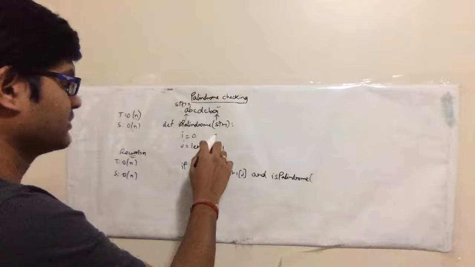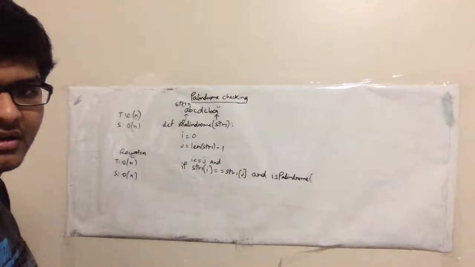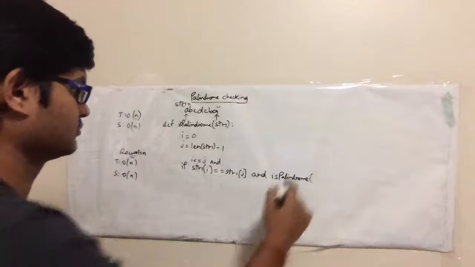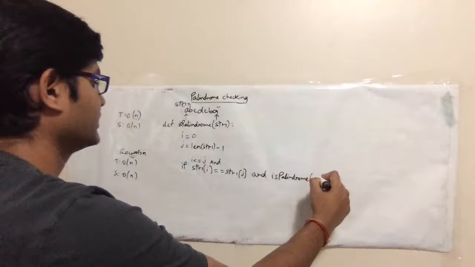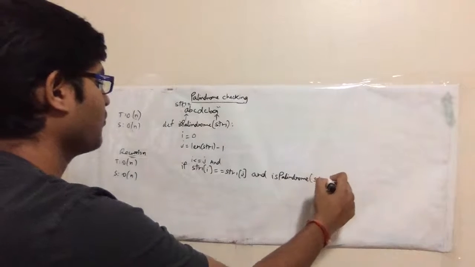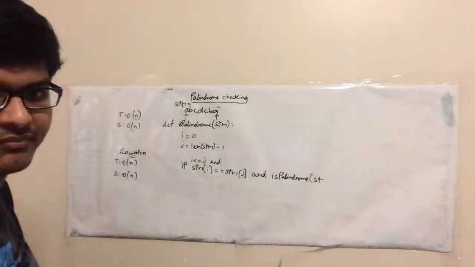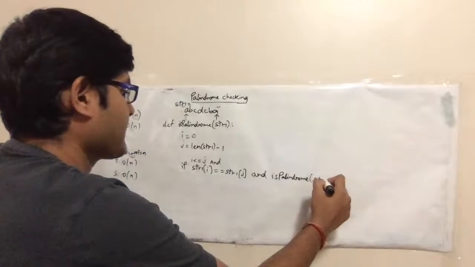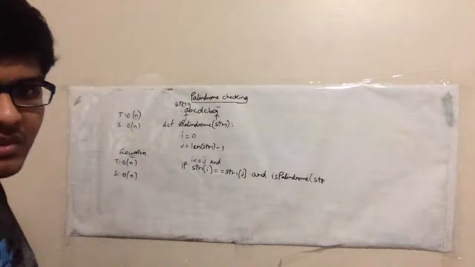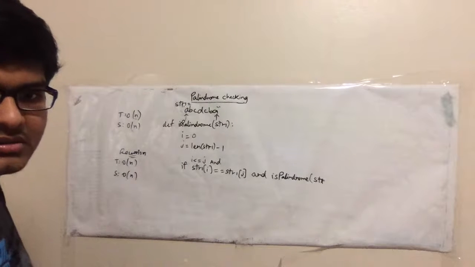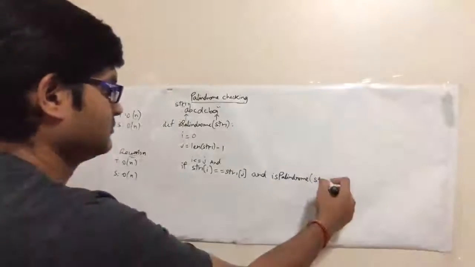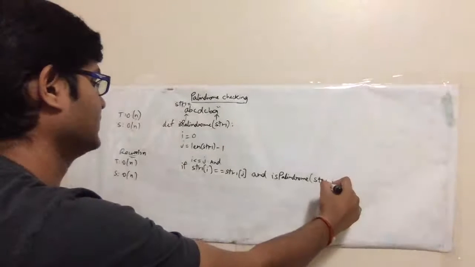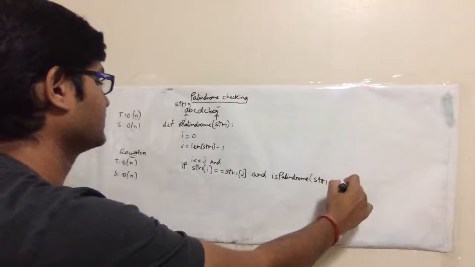This will take the string 1. It will still take string 1, but a modified string, and then i incremented by 1.